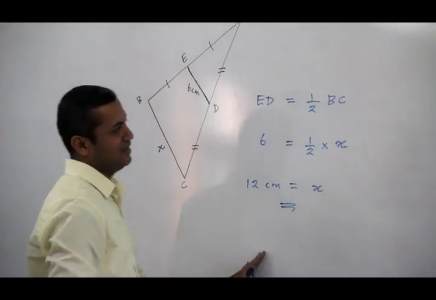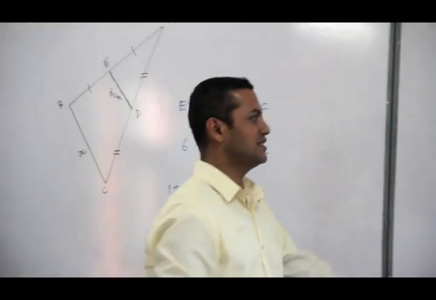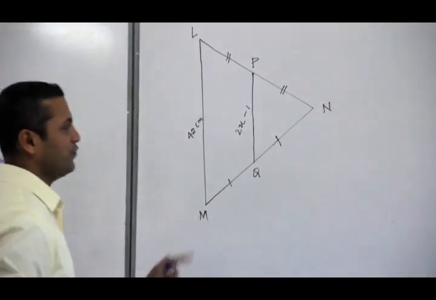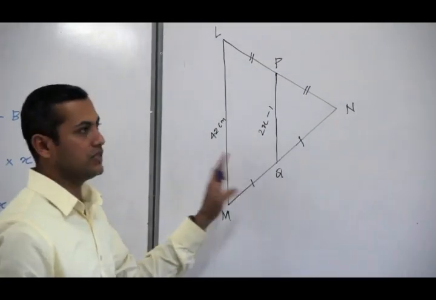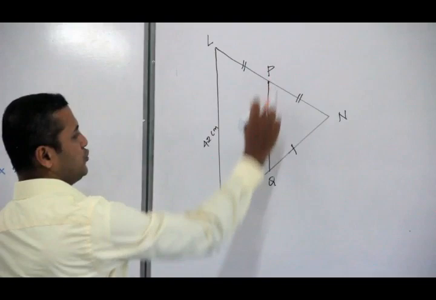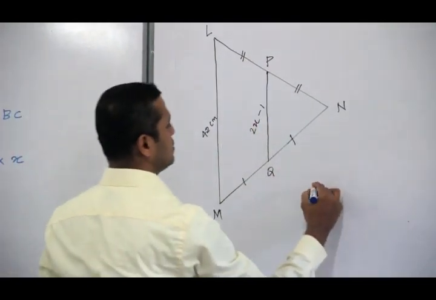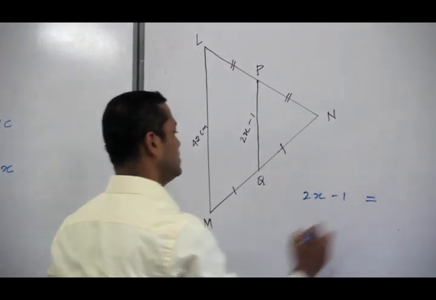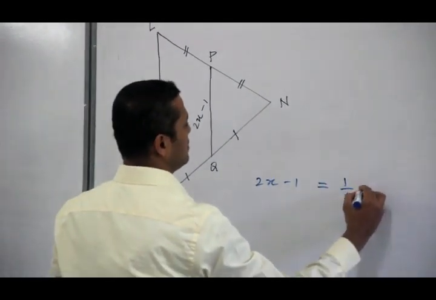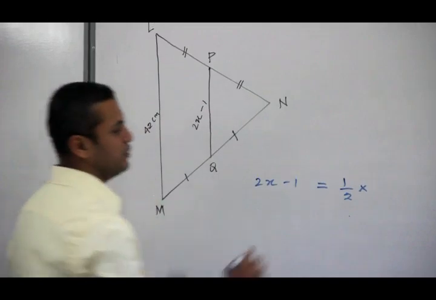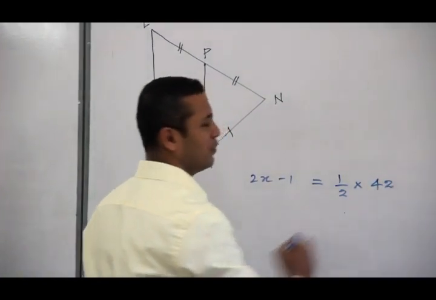Look at the third part now. The question is to find x again. How will you write down the relationship now? The line joining the midpoints, that is 2x minus 1, is equal to half of the third side, half into 42 according to the midpoint theorem.